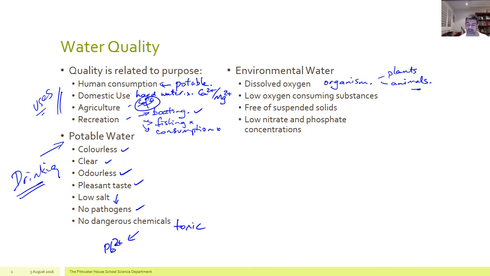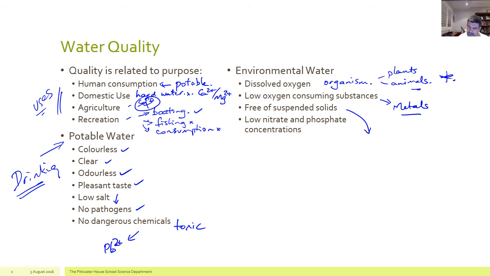We need to have a shortage of oxygen-consuming substances. So any metals which may readily oxidize and draw oxygen out of the water will reduce the oxygen levels, and of course this is going to affect this group of organisms up here. It needs to be relatively free of suspended solids.